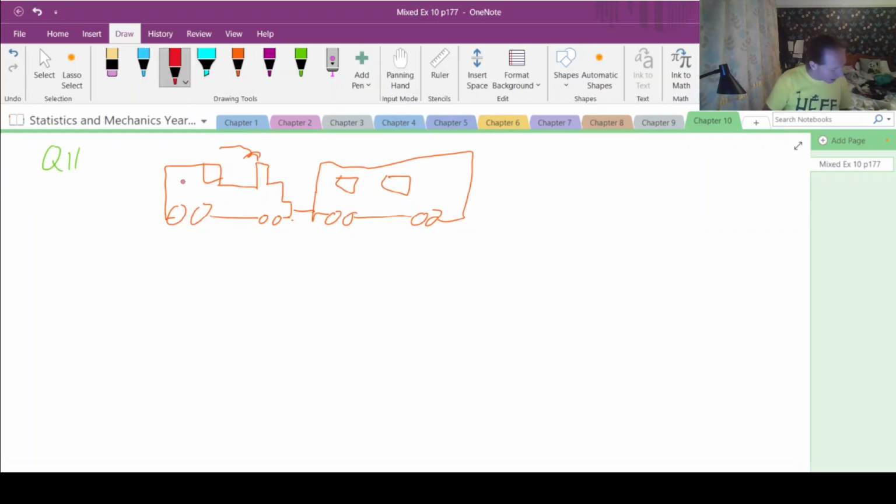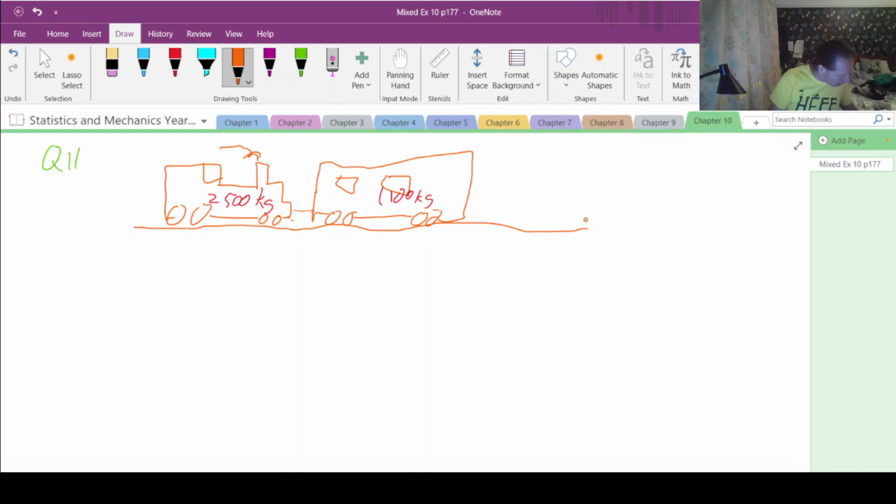The train has 2,500 kilos and the mass of the carriages is 1,100. Alright, down the train tracks, off we go. Right then, along a straight horizontal track, the engine is connected to the carriage by a shunt, which is parallel in the direction of motion.